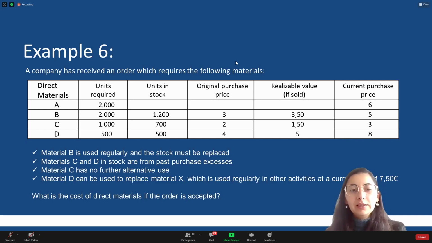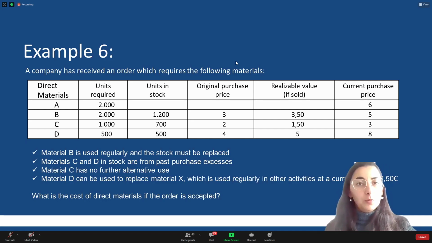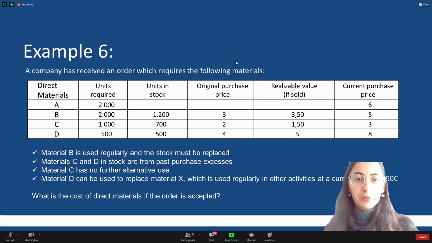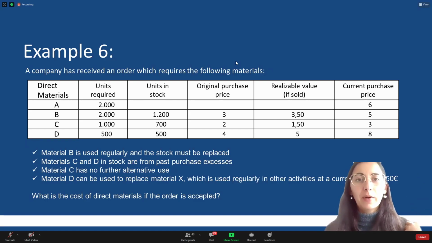So we bought these 1,200 units. We have them in stock. These units will be used in the normal production of other products. When we bought them at a price of 3 euros per unit, okay, but these 3 euros is a past cost. We incurred that already in the past.